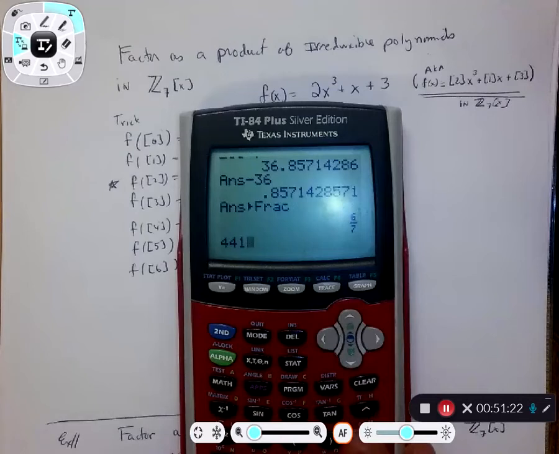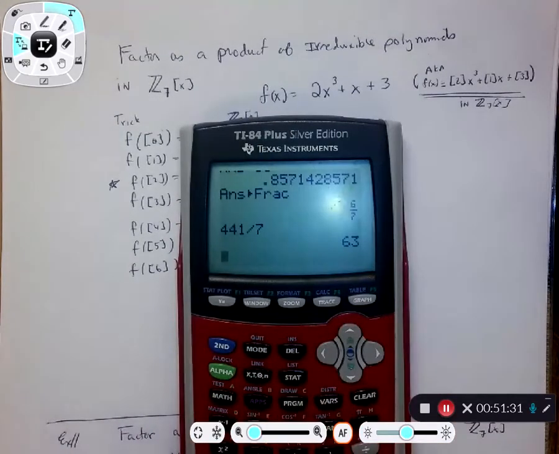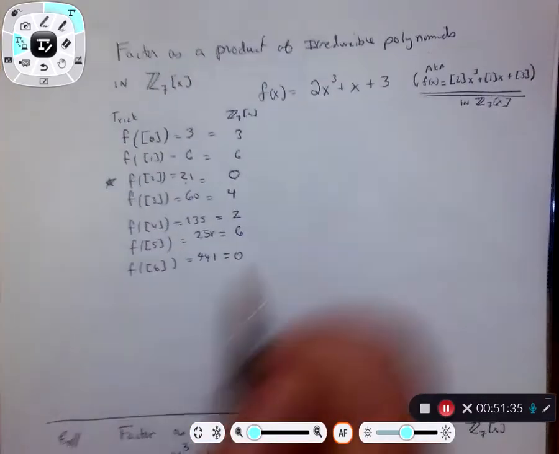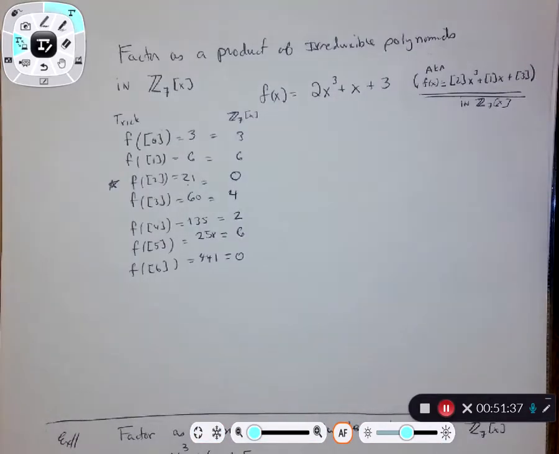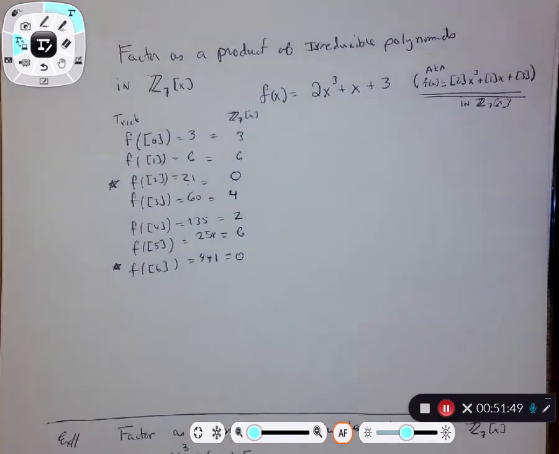I'm going to divide that one by 7, and you notice I end up getting 63. It goes into it evenly with no remainder. So I happen to have 2 of these being zeros.